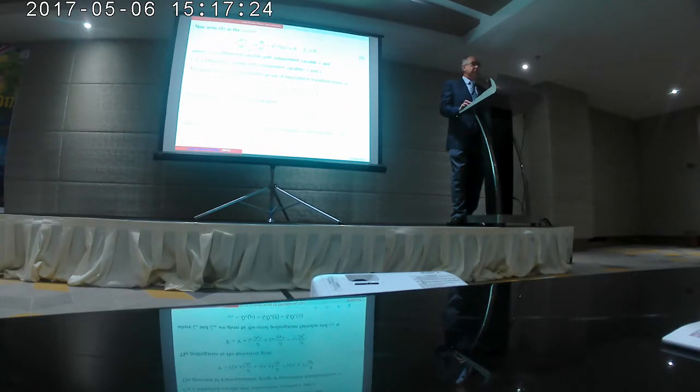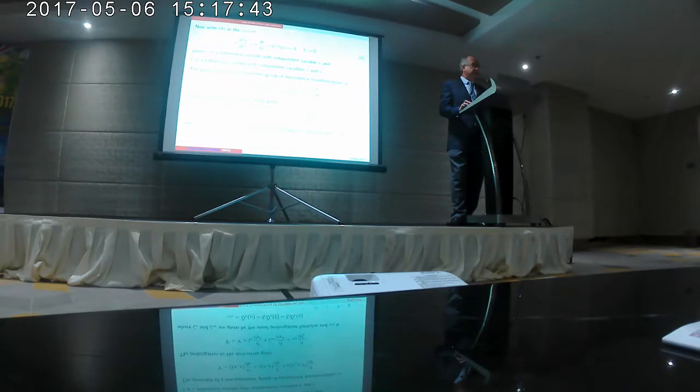So what we do is first we write equation (8) as a system of two equations as given in (9), and then the generator of a one parameter group of equivalence transformations is given by this.